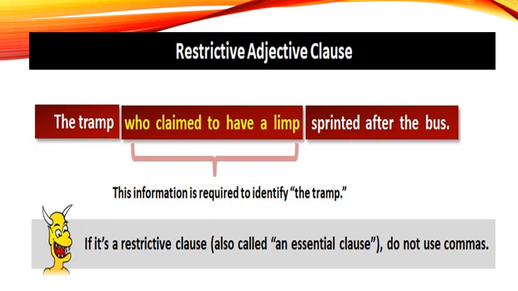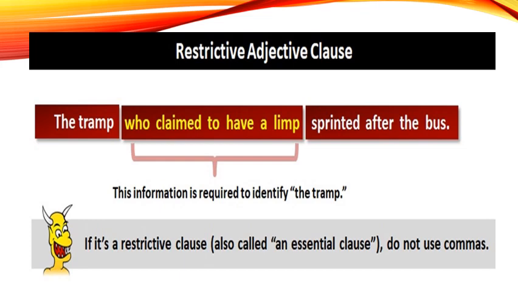Let's have a look. Restrictive adjective clause. The tramp who claimed to have a limp sprinted after the bus. Okay. If I say the tramp sprinted after the bus, now, with this sentence, you need to explain what the tramp is, or to identify the tramp.